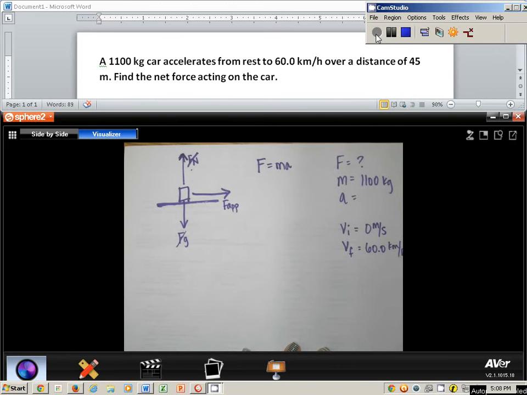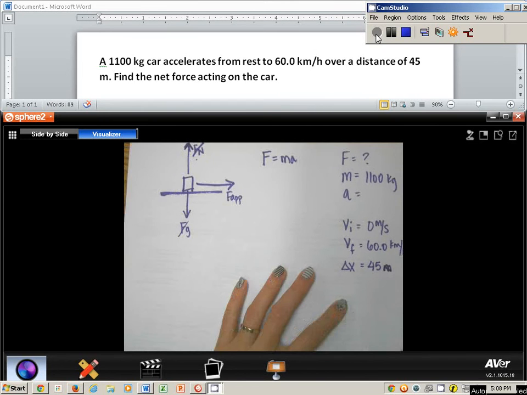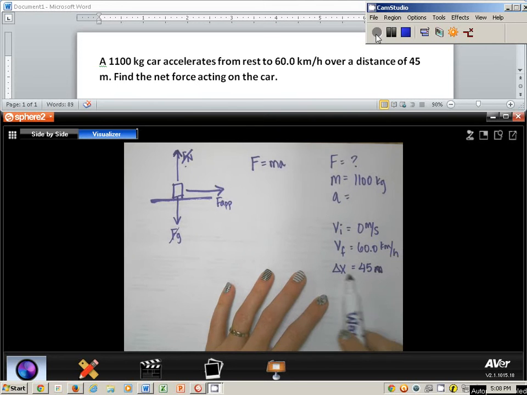The other thing it tells me is that it has a distance, which is delta x, of 45 meters. Now, I know enough about physics at this point to recognize that I can actually find acceleration if I have these three things. It is possible for me to put those things together and calculate it.